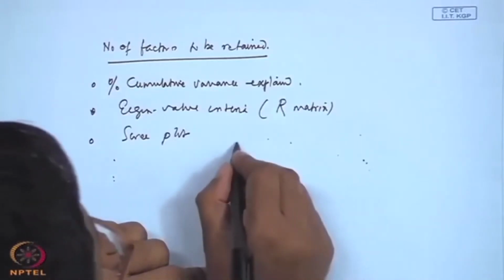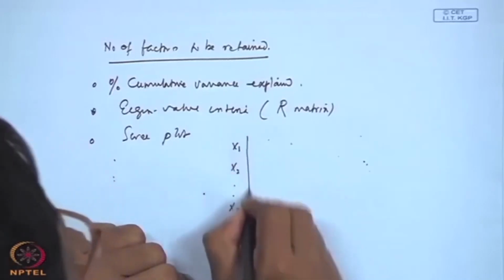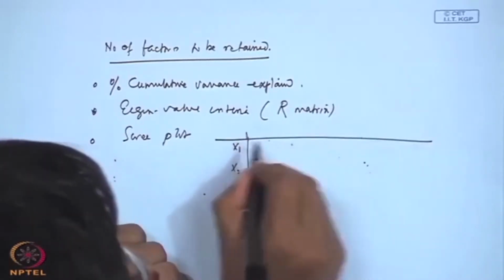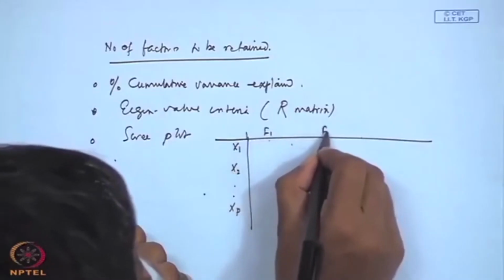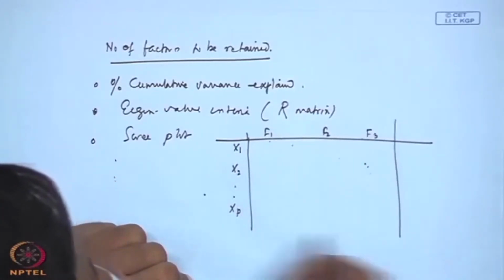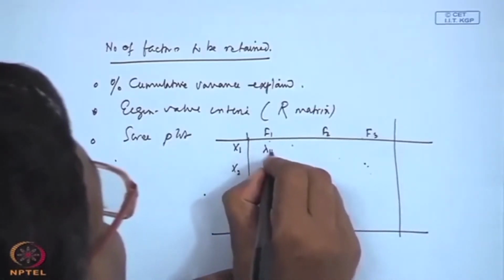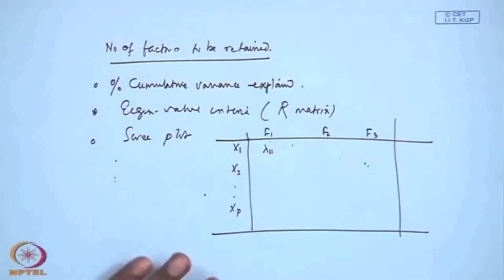For example, let we have p variables, and you have extracted, let it be 3 factors, and you know the loadings.